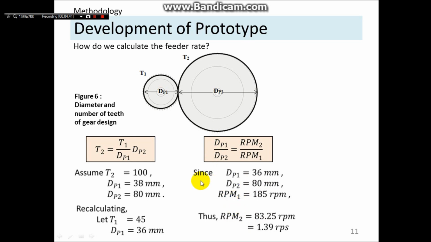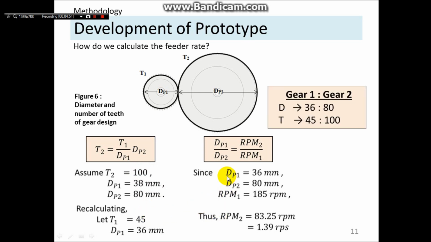By assuming the number of teeth given the diameter, we can readjust the value and get the desired speed. And therefore the ratio for gear 1 and 2 of the diameter will be 36 and 80, and the number of teeth will be 45 and 100, which is in millimeters.